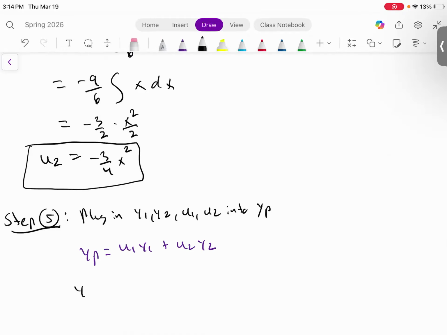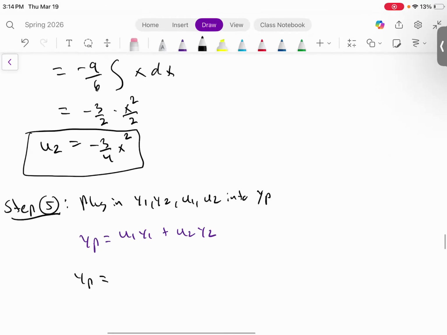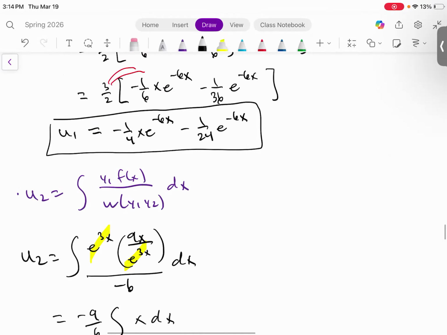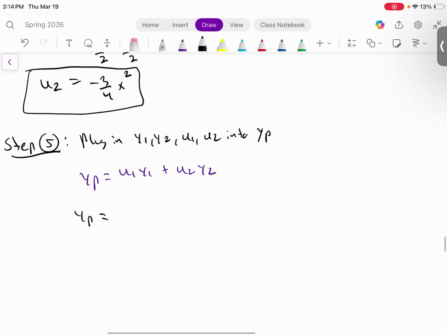So our particular solution is negative 1/4 x e to the negative 6x minus 1 over 24 e to the negative 6x. That's my u1.